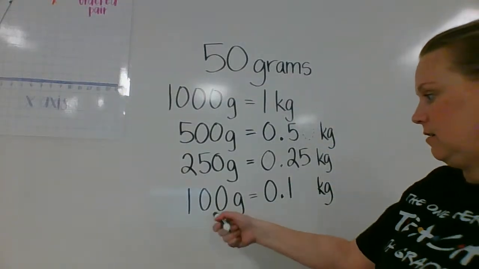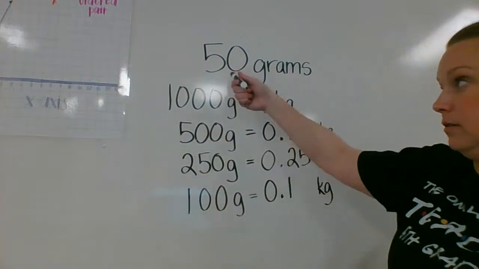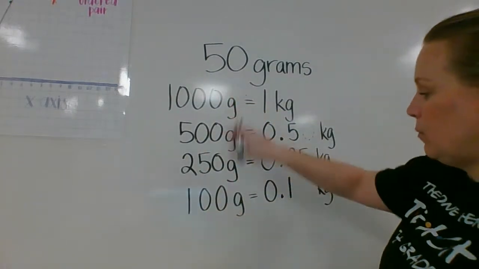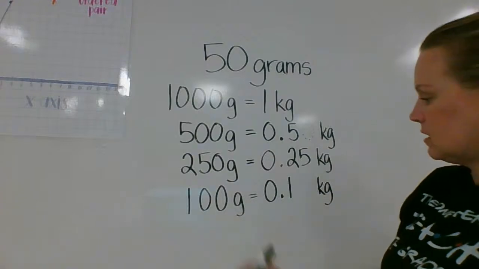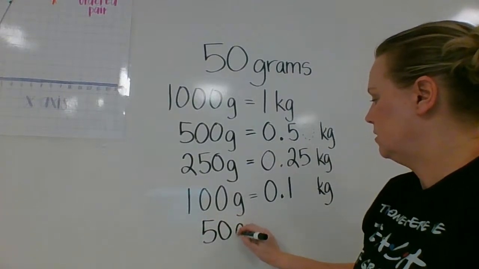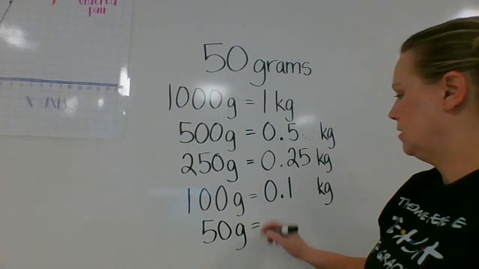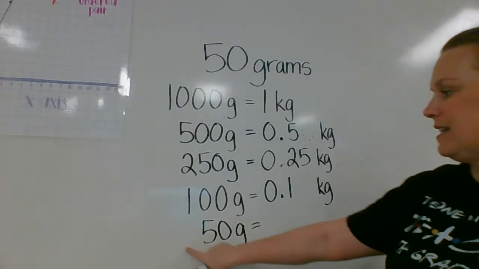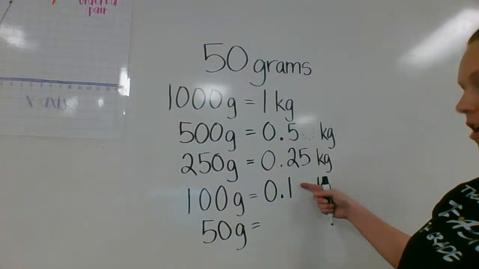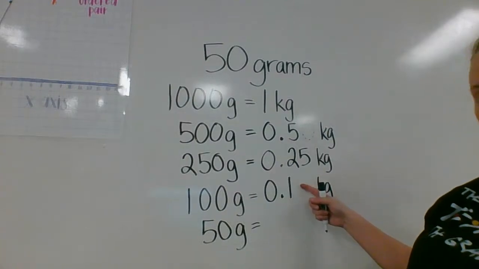All right. The lizard, going back to our question, only weighs half of this at 50 grams. So if 50 grams is half of 100 grams, what's half of 1/10 of a kilogram?